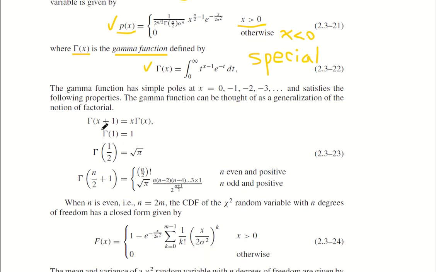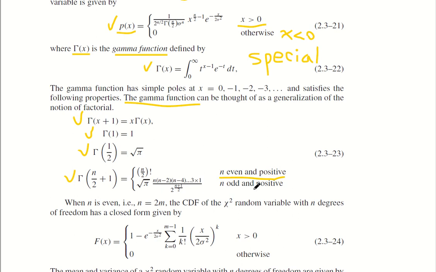Okay, and the gamma function has some properties. For example, the factorial: gamma of 1, gamma of 1 half, and gamma of n divided by 2 plus 1 equals n divided by 2 factorial, for n even and positive.